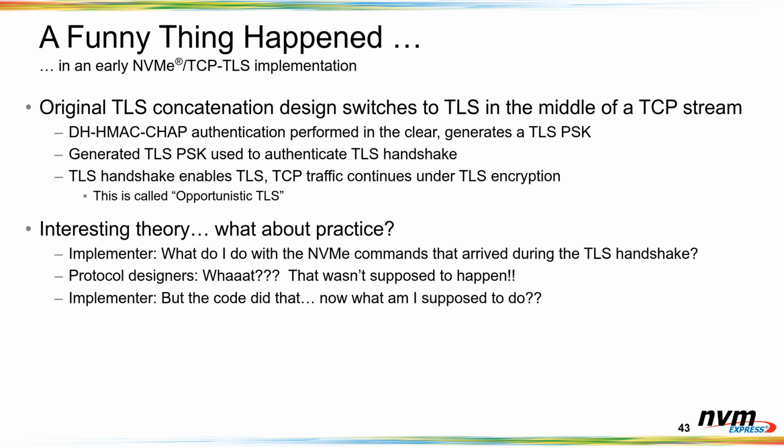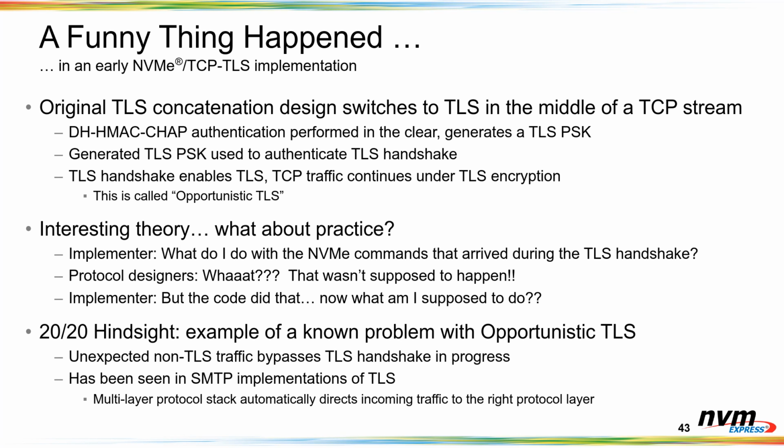Well, after a fair amount of head scratching and thinking, in 20/20 hindsight, this is an example of a known problem with opportunistic TLS: unexpected non-TLS traffic can bypass the TLS handshake in progress and be processed afterwards, and the code that processes it can get confused about whether it was protected by TLS or not. It's been seen in SMTP, the email exchange and delivery protocol, in SMTP implementations of TLS.